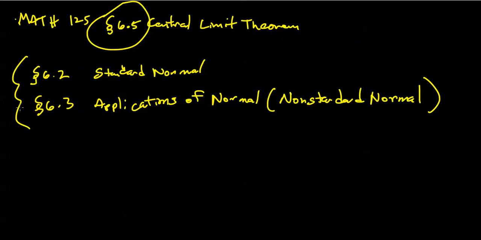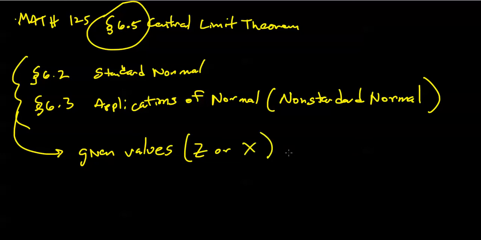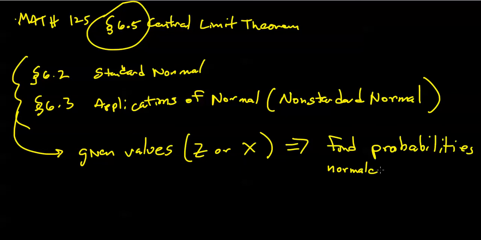And in any case, in each of these sections, there were two major topics. Basically, if we were given values, either standard normal or non-standard normal, either z values or x values, where x represented a non-standard normal distribution, we found probabilities. And we did that using the normal CDF command with the usual syntax. And we also worked it in reverse.